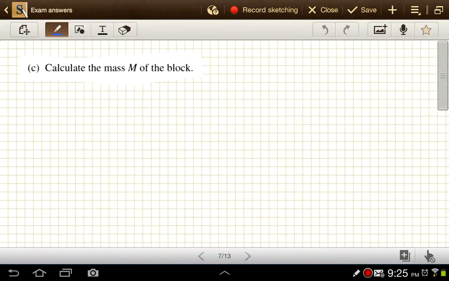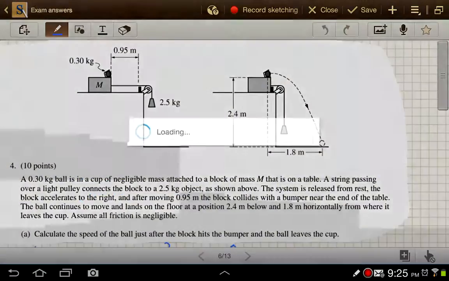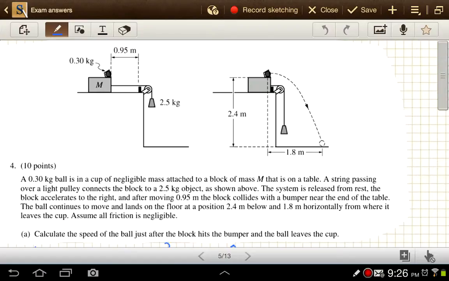All right, calculate the mass m of the block here. So we were thinking about this a minute ago, using forces to analyze this situation to move the block over 0.95 meters. So what we want to do with this is we're going to treat this whole collection of objects as one system, one big mass, and the only force that isn't an internal force that acts just between the objects as part of that system.